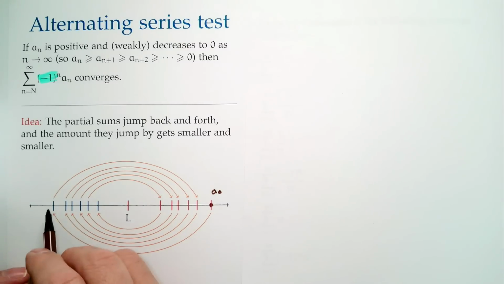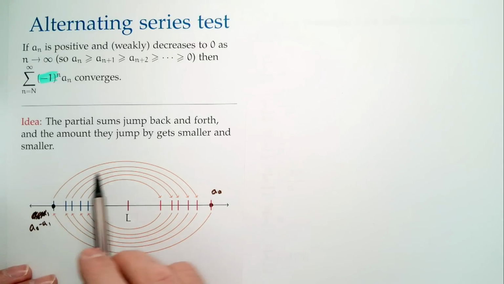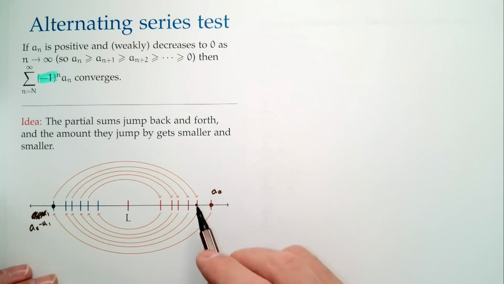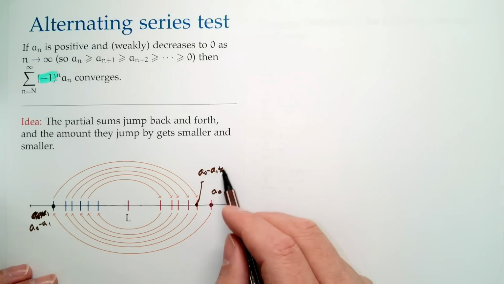So really, this value here is a0 minus a1. That's alternating sign, right? And then we move back, so this point right here is a0 minus a1 plus a2.